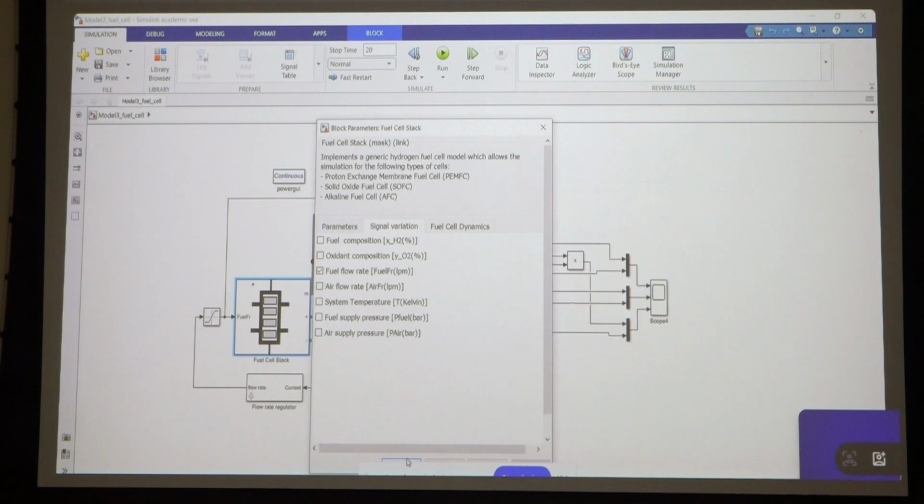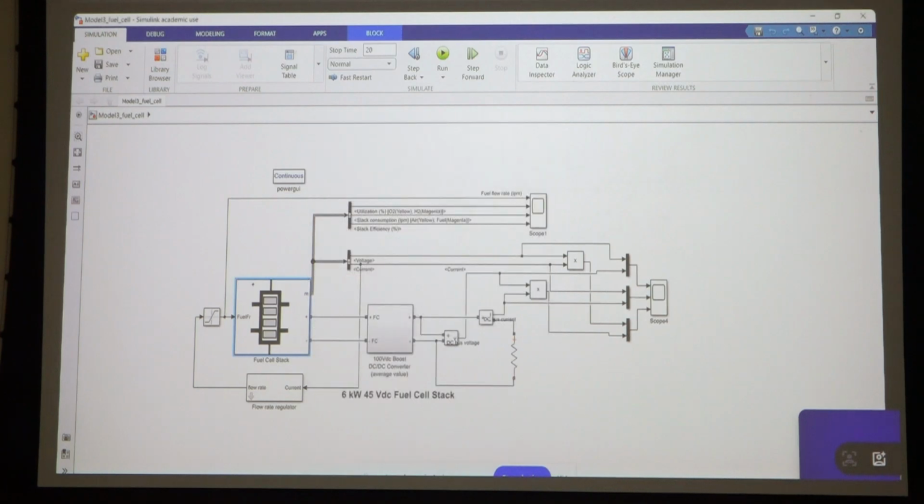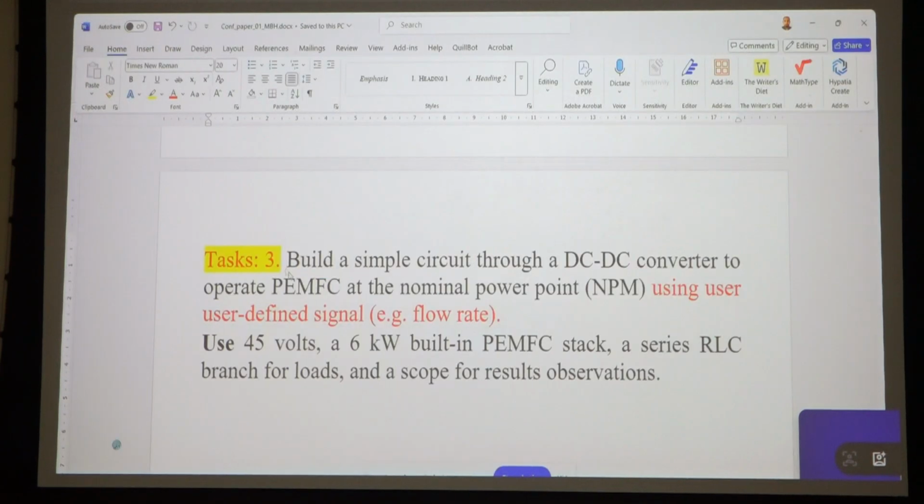So how can we use this type of user defined signal in our fuel cell stack? One example is a simple circuit through a DC-DC converter to operate using a user defined signal, for example flow rate or oxygen rate or user defined utilization factor.